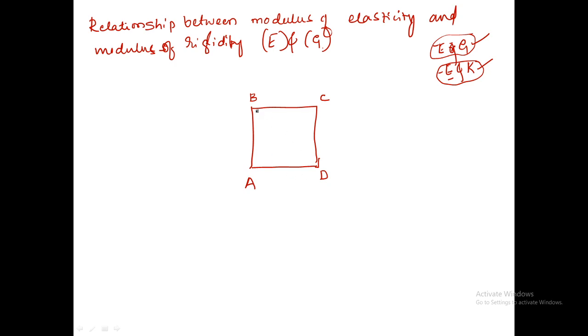So now the diagonal BD, so it has a unit length A, so it is subjected to the shear stress at the top surface.